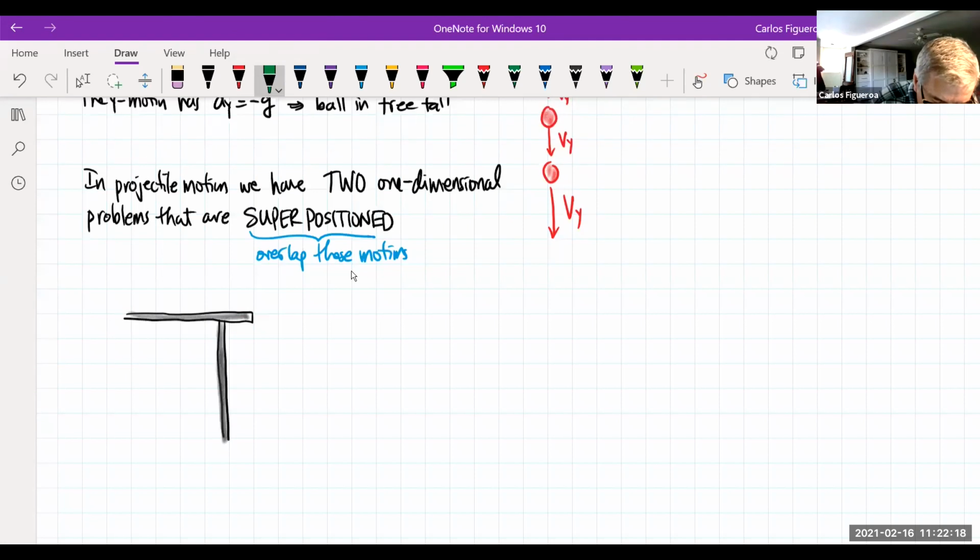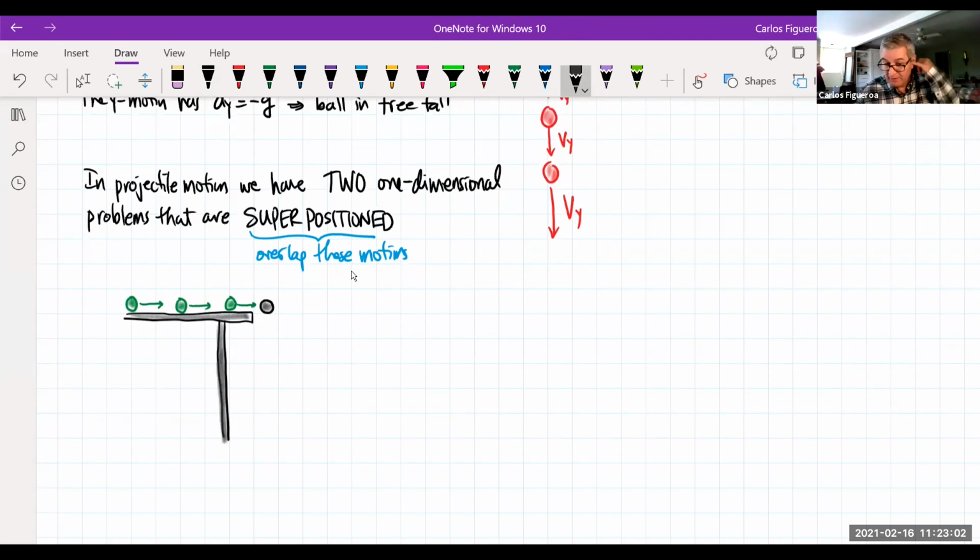So I have a ball that's rolling, and I'm actually going to start the ball over here. As it's moving across this table, we're going to say that it's sliding at constant velocity. So its velocity vectors are going like this. And then there's the moment that it goes off the table.